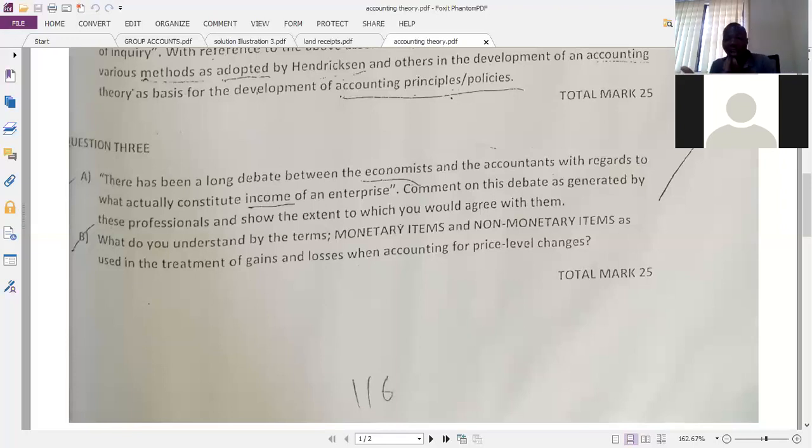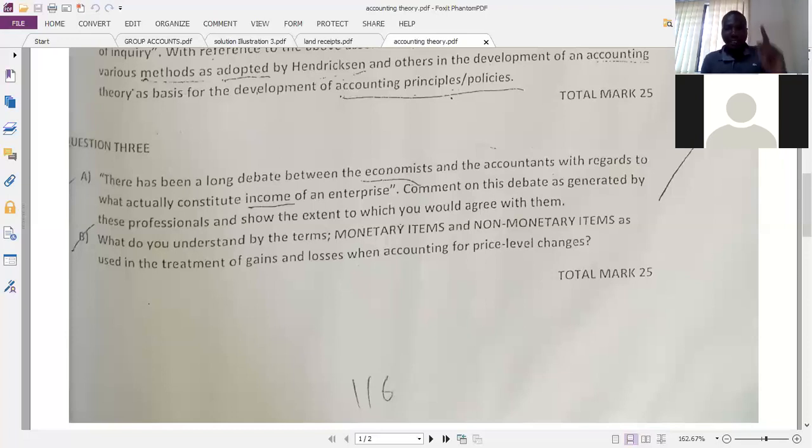So the economists see income as the money in your hand. Once you don't hold that money and say it is for me, you can't consider it as income. They argue that real income is best measured by the cost of living. In other words, the satisfaction created by psychic enjoyment of profit is measured by the money, in other words, the purchasing power.